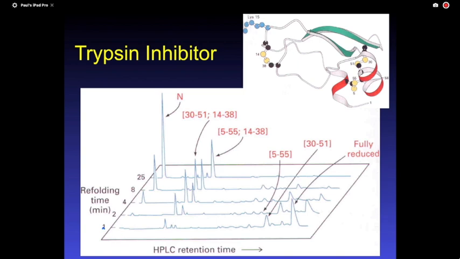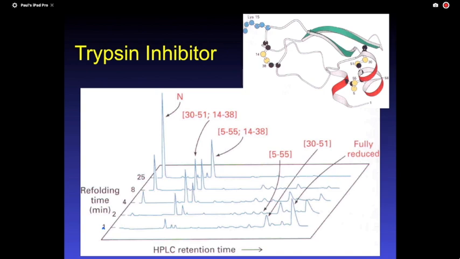Okay, and so as the time goes through, by 25 minutes, I have absolutely no unfolded, totally unfolded protein. They've at least made 1 disulfide bond. Okay, and in essence, if you take a look, these represent 1s. I've made at least 2 by at least 25 minutes.